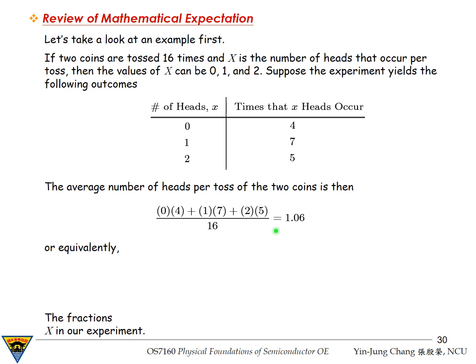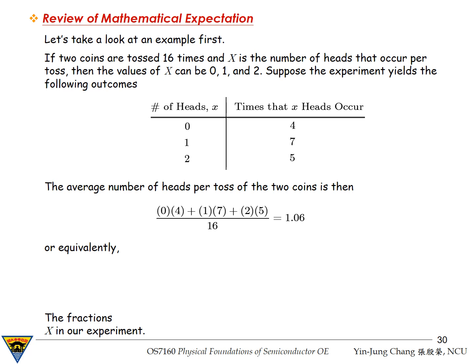So we get the expression shown here. The result is 1.06. So each term in the numerator is the number of heads obtained per toss times the number of times that outcome occurs. That is the average value of the random variable x in this experiment.